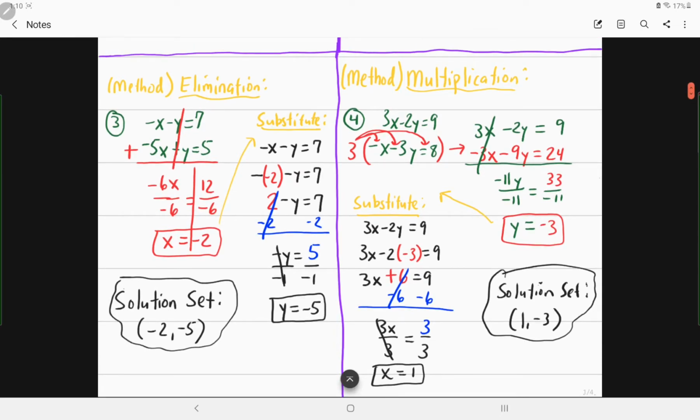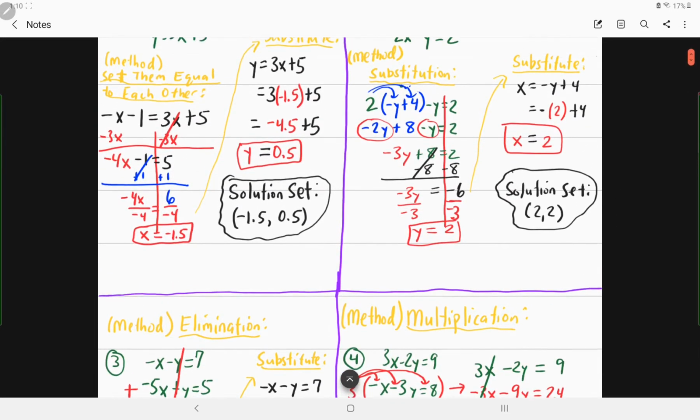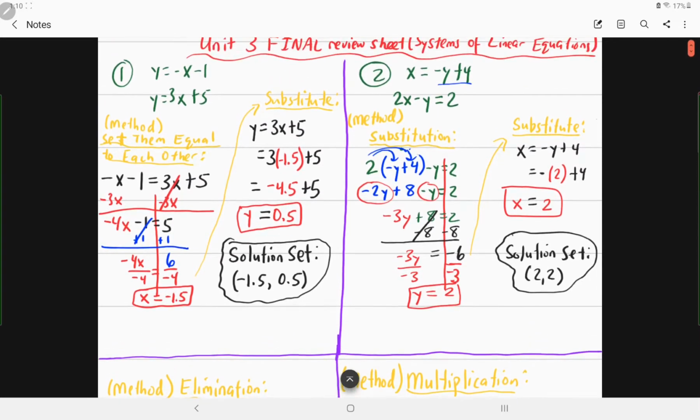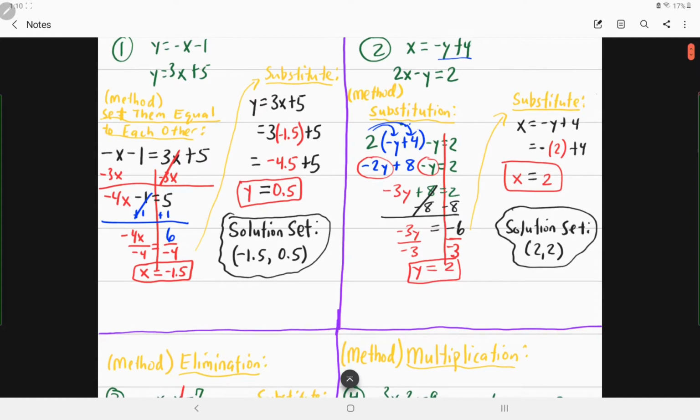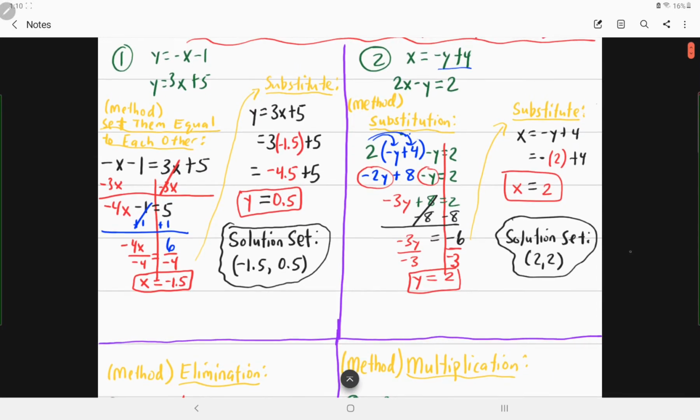Now, just to review these first 4 we've looked at, remember you can choose any method: elimination, substitution, equal values, multiplication. I just chose a different method for each question to refresh your memory if you forgot how to do each one, and also more or less the best time to use each one.